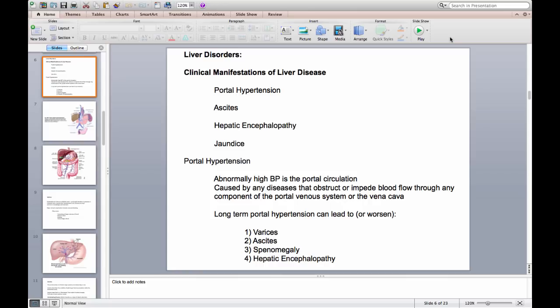So we talked about how when we elevate the pressure in the portal vein, it enhances blood flow to collateral vessels that actually allow for the blood to bypass the liver. So number one of the consequences is this increase in collateral circulation bypassing the liver.